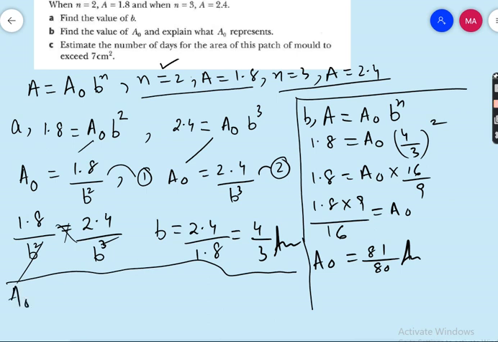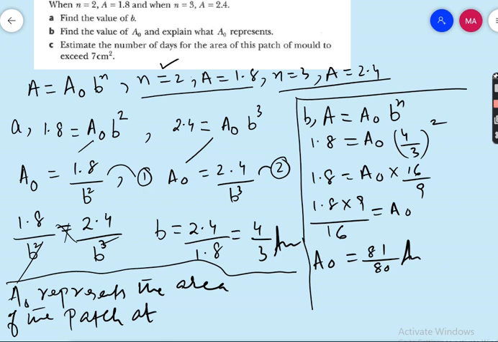A naught represents the initial area, the area of the patch at the initial or start of the measurement.